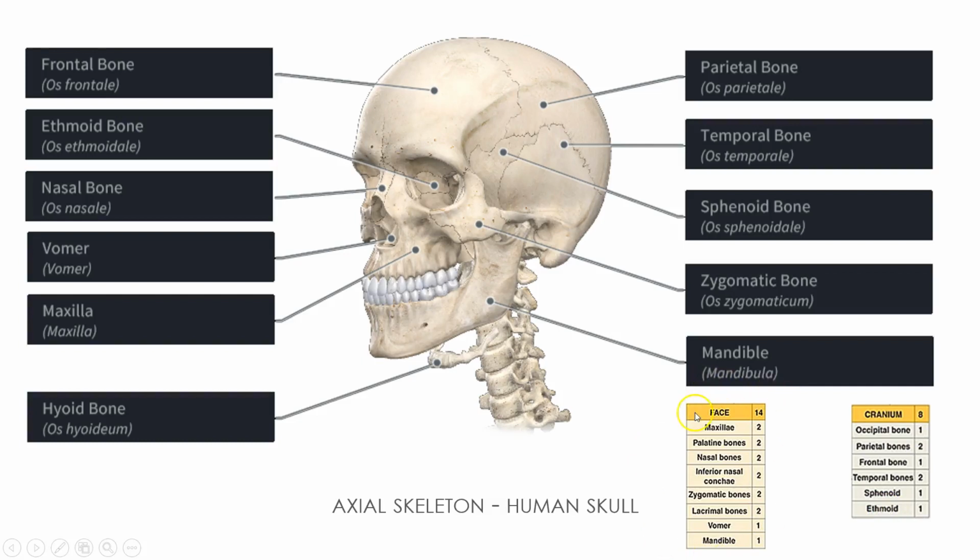The facial component has the maxilla, palatine, nasal, inferior nasal conchae, zygomatic bones and lacrimal bones, which are paired, and the vomer and mandible. All in all, 22 bones. In addition to this, the skull also includes the hyoid bone and 3 independent ossicles inside the external ear, 1 on each ear.